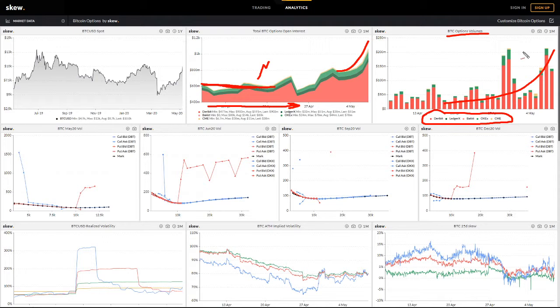Now we get into some interesting things that we can look at down here, which are the skew graphs. What they're showing is the volatility. These are the volatility smiles that we have for the different months.